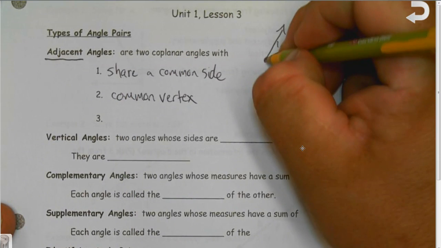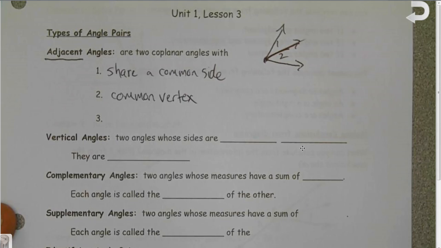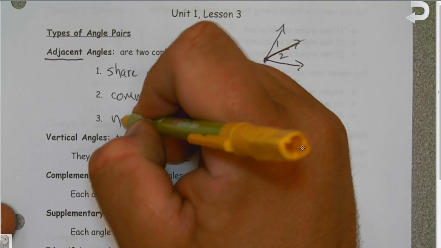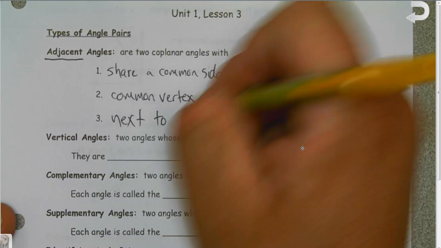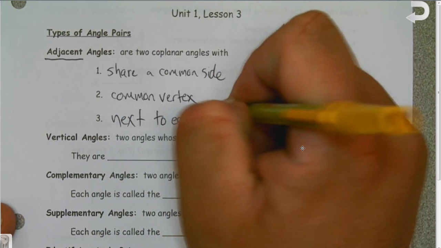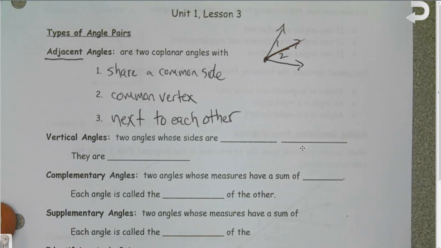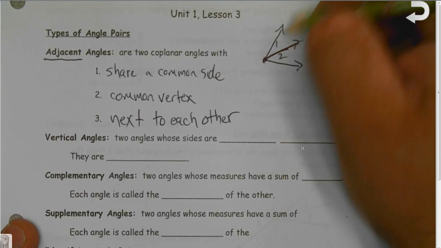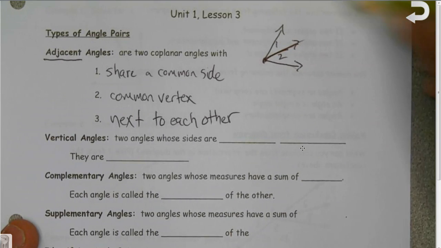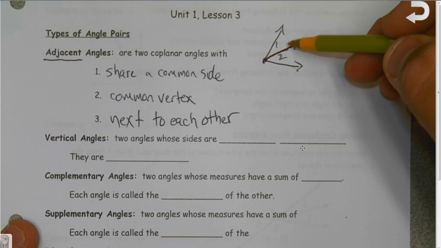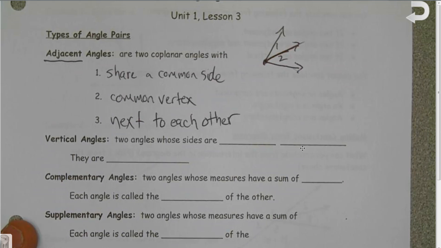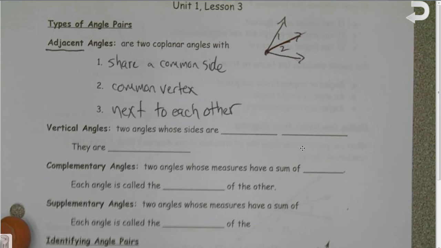So this point right here is the common vertex. And they're next to each other. Okay, one's not inside of 2. If I were to name the big angle angle 3, 1 is not adjacent to 3. 1 is part of 3. So we got to make sure they're next to each other. Okay. All right.